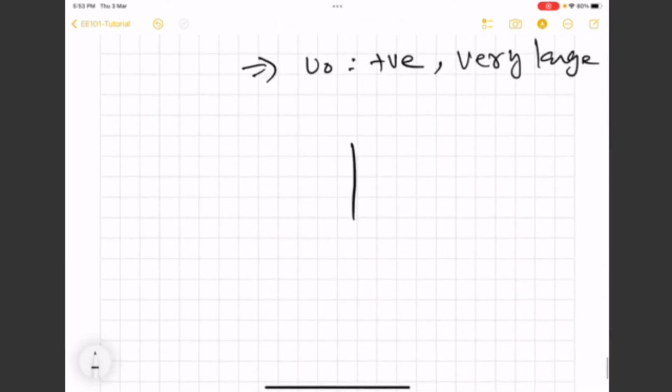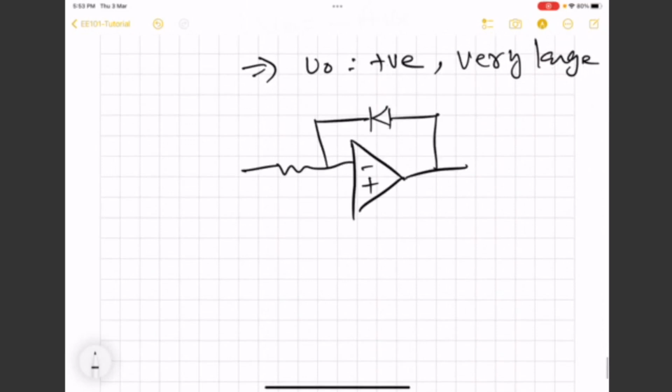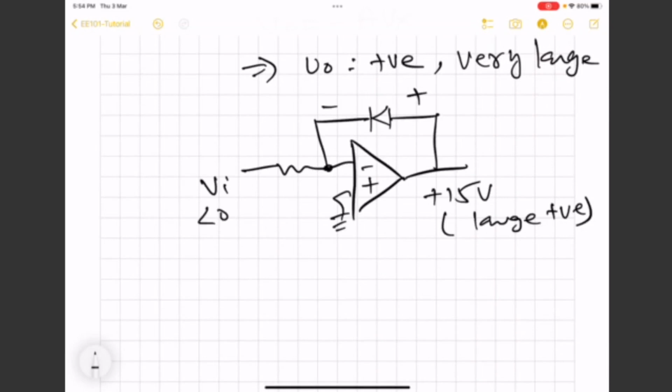So in this case, what we see is this scenario. So here we will have plus 15 or maybe smaller but sufficiently large voltage. So we have positive voltage here and we have negative here because Vi itself is negative.